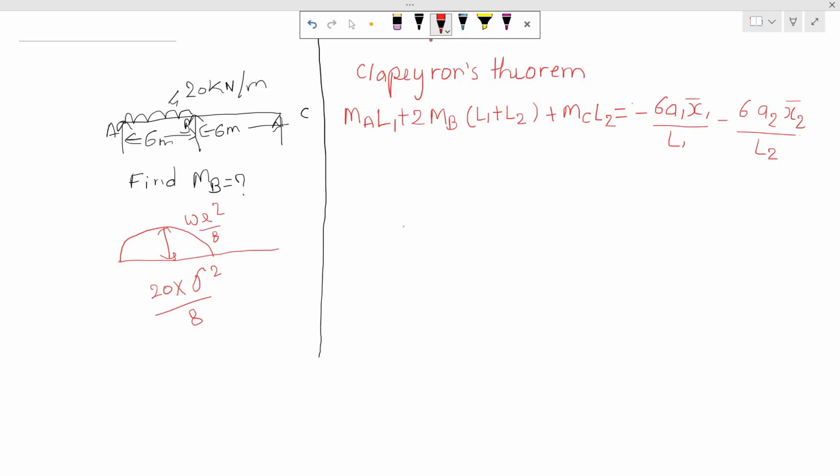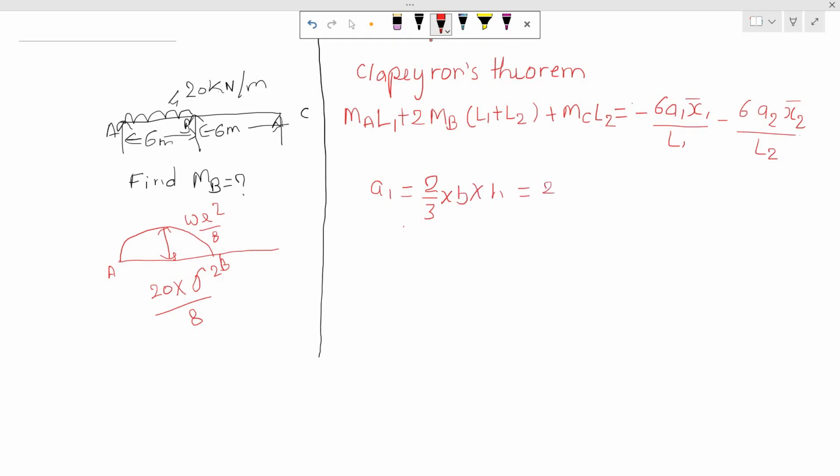Now we need to calculate A1. A1 is the area of bending moment diagram for section 1, the first span, which is AB. You have a parabola here, and area of parabola is 2 by 3 BH.